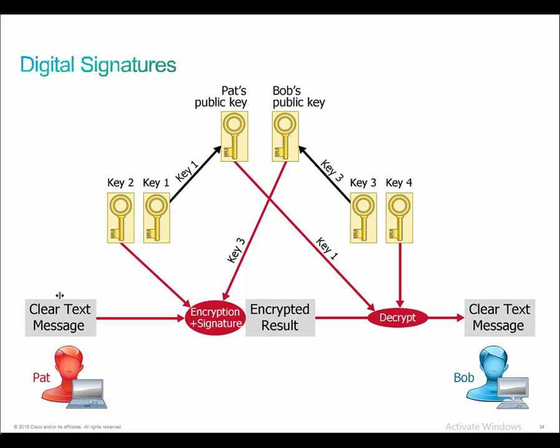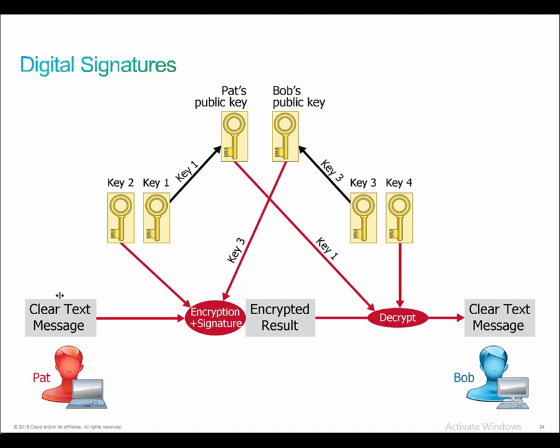And in this case, that's what this process entails. If you consider the previous process, Pat sending data to Bob, Pat uses Bob's public key to do that, well, that doesn't guarantee that the data is coming from Pat, because anybody could have Bob's public key.